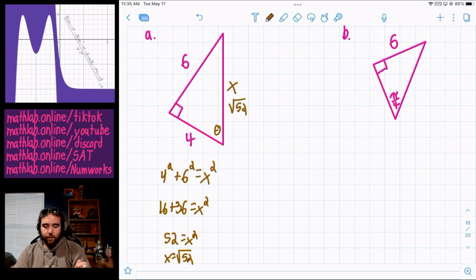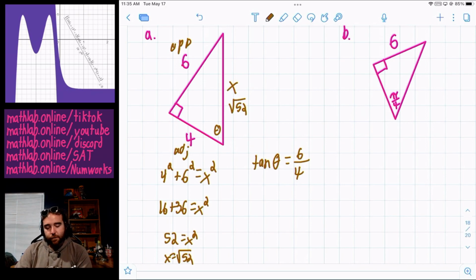And then we're going to find this angle. So let's set that up. So we've got the opposite and the adjacent. So we'll set that up as tan of theta is the opposite over the adjacent. And then we got to use inverse tangent to undo the tangent and say that theta is a tan of 6 over 4.